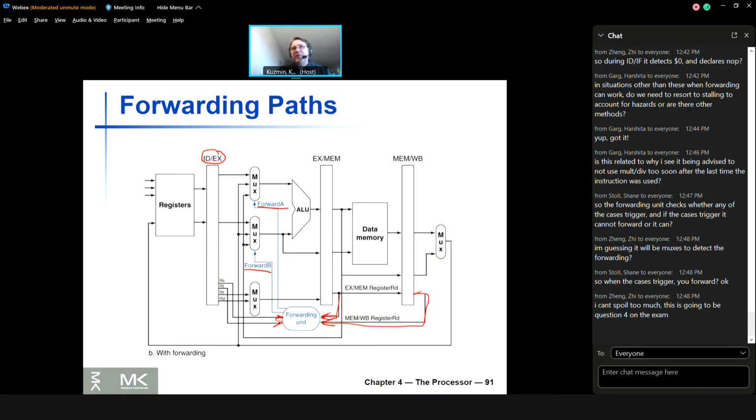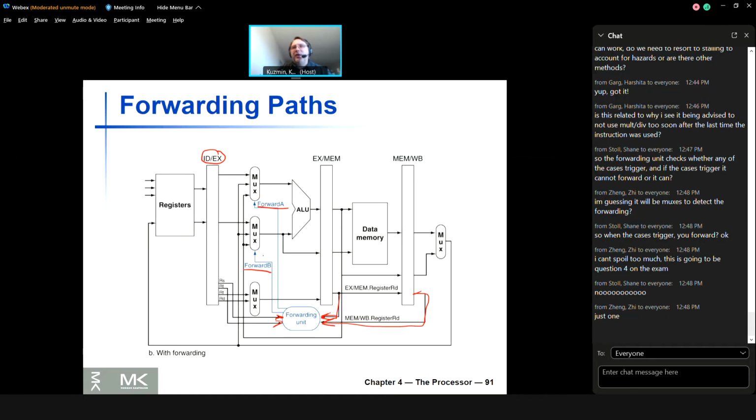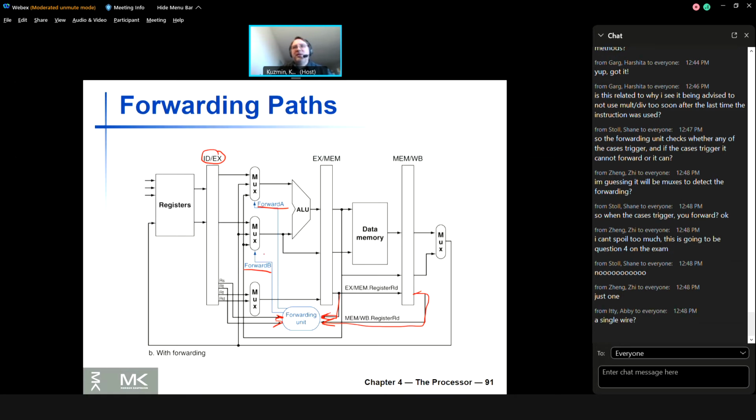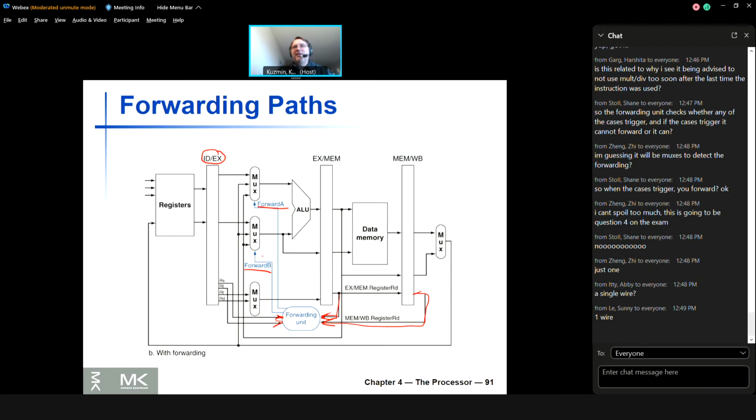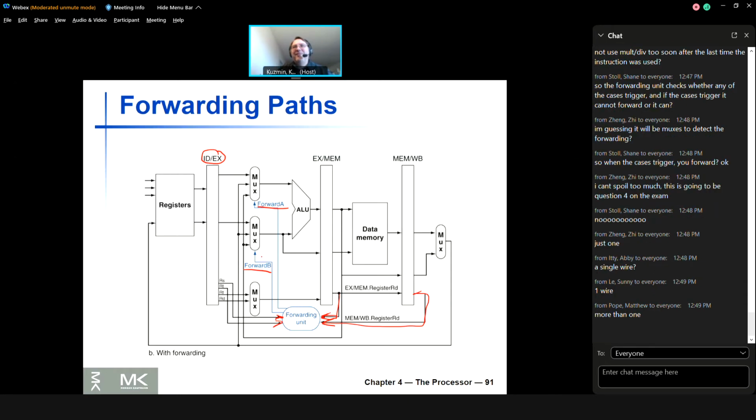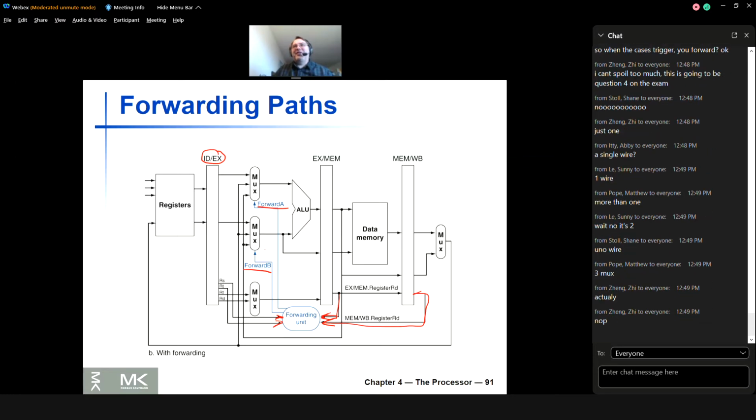We switch this multiplexer, and just a quick sanity check: forward A and forward B, is it a single wire or is it more than one wire? Wait, it's 2 exactly.